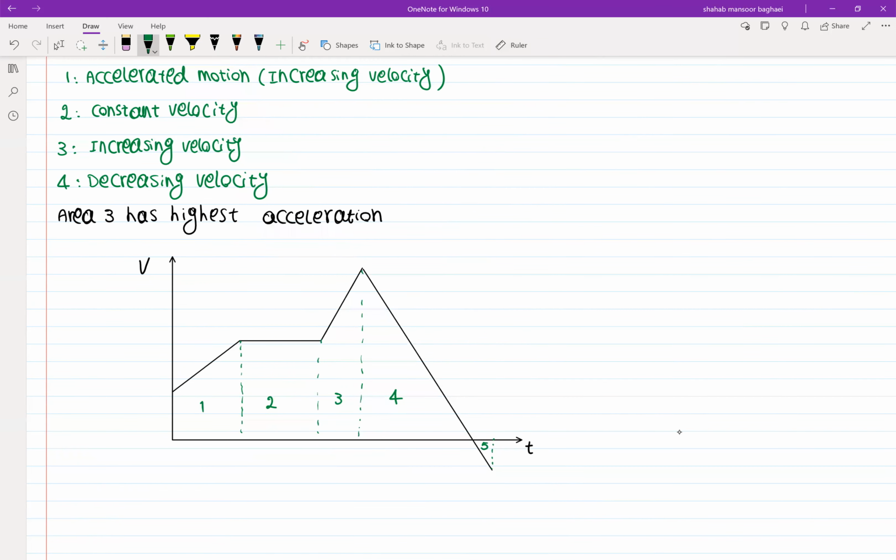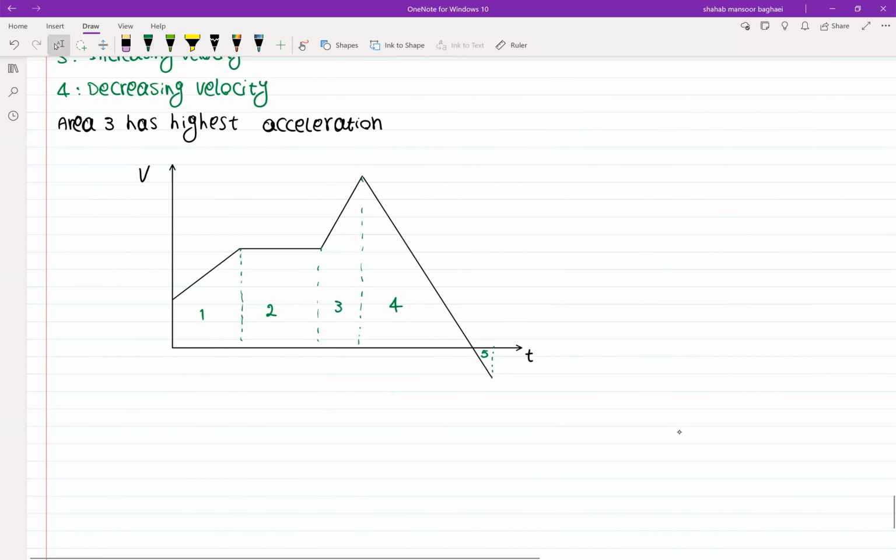Area number 1. What kind of motion is area number 1? Of course, it is accelerated motion because it has a slope, and that's positive slope. And one more thing. What is the sign of velocity for area number 1? In order to answer this question, you have to look at the coordinate.